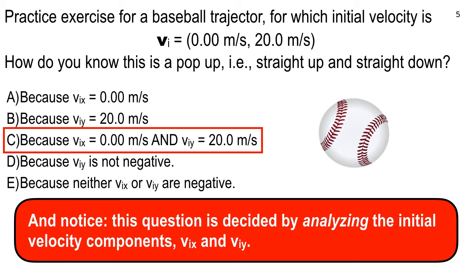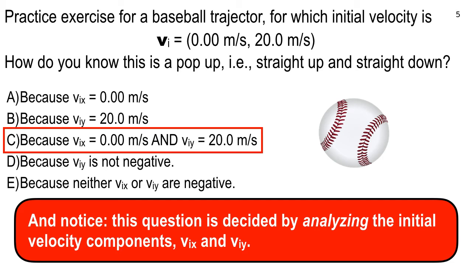And that is, we decided this question, or you decided the question, hopefully, by looking at the velocity components, both of them, VIX and VIY. The initial X component of the velocity and the initial Y component of the velocity.